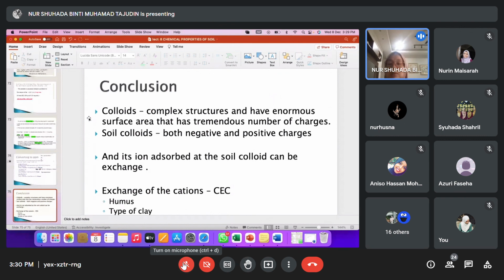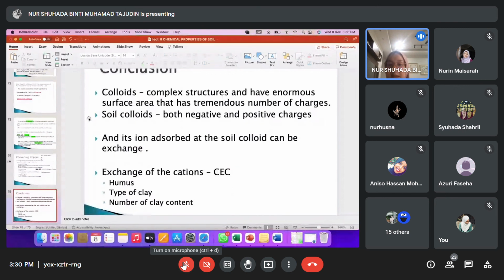So what is illite, montmorillonite, kaolinite, what is a 1-to-1 type of clay, what is a 2-to-1 type of clay, and the properties of each, because it carries the properties with it due to the structure arrangement. Then exchange of cations, the CEC, the humus, the type of clay, the amount of clay content, what the CEC is, and the most important thing is how to calculate the CEC.